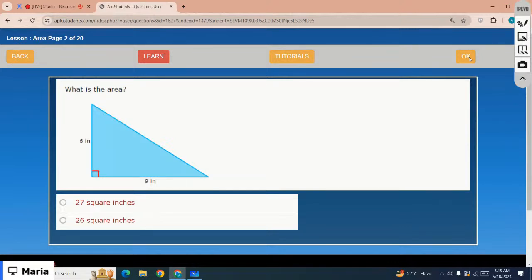What is the area? You are given a triangle. You have to use that same formula, that is half times base times height. So, which is the correct option?